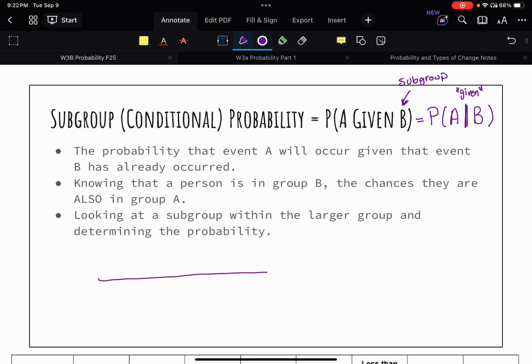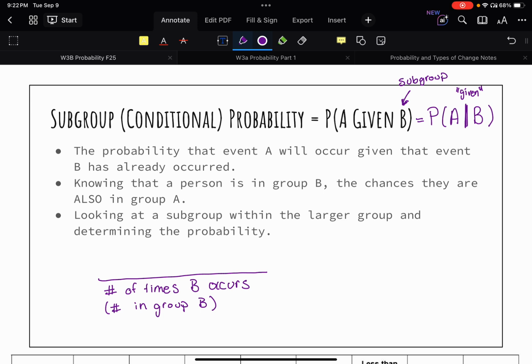It's going to be the number of people in group B. So it's the number of times B occurs, as it's often worded. And that's now my subgroup. You could also think about it as the number in group B. So that's now my denominator.